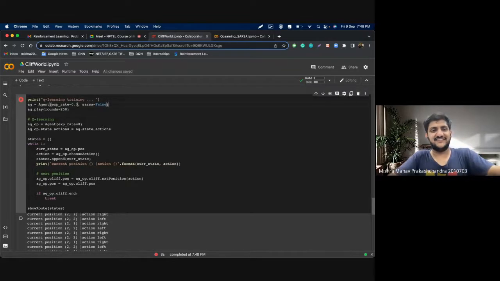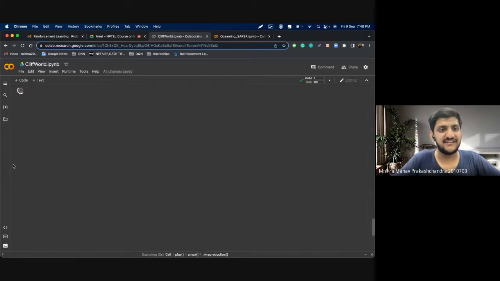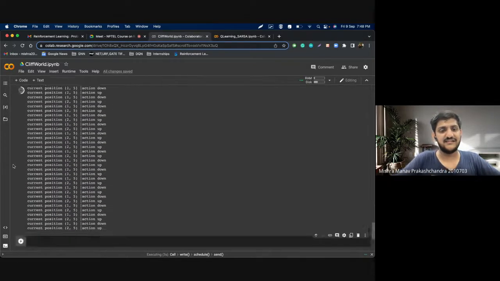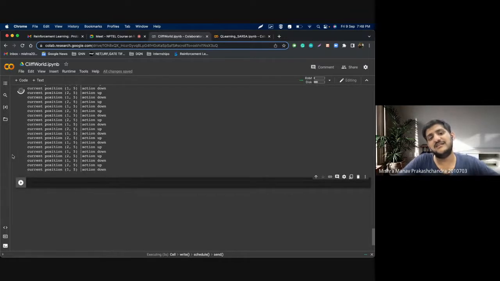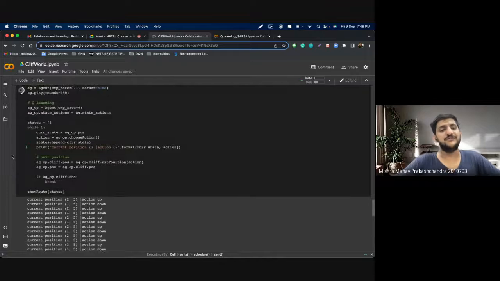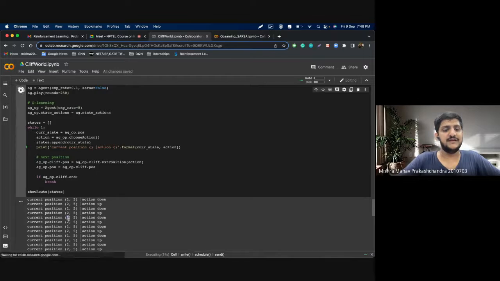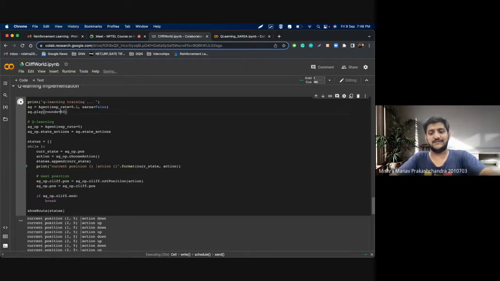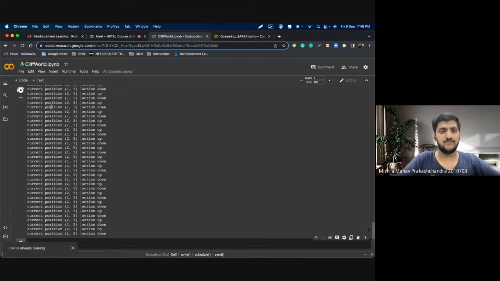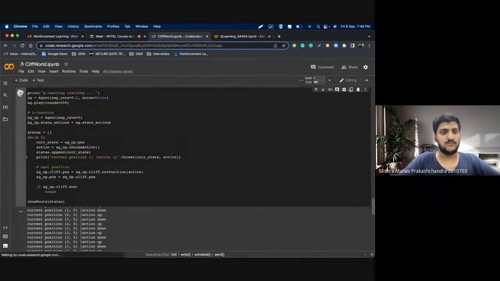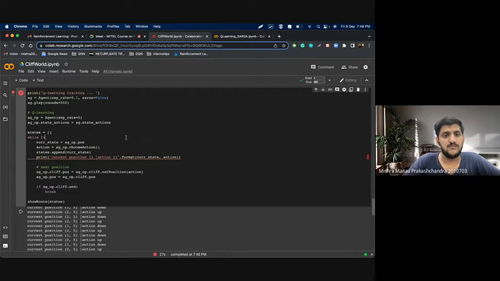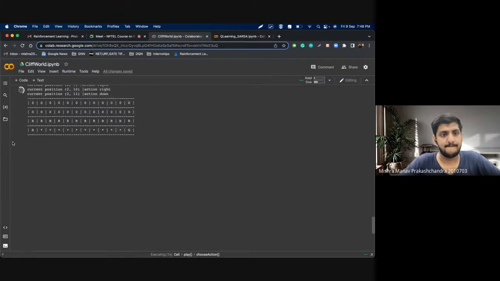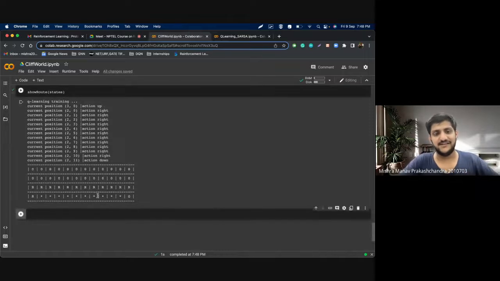Strange. Maybe 250 is not enough. Probably it's just moving up and down at a particular point, between 1 comma 5 and 2 comma 5. I don't know why this is happening. Okay, it works with 500. So this is the basic implementation for the cliff world problem.